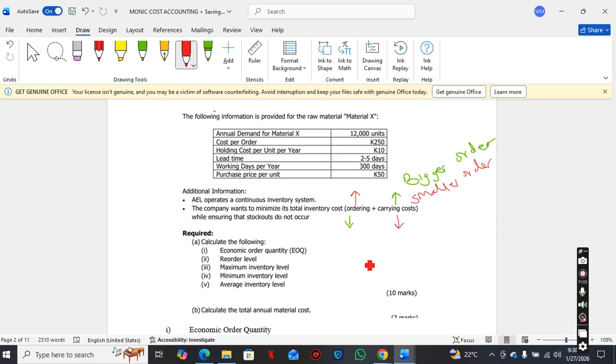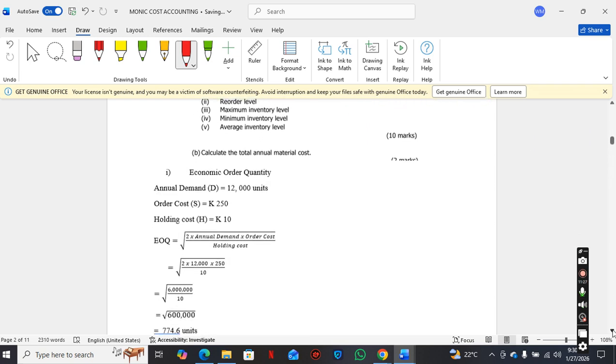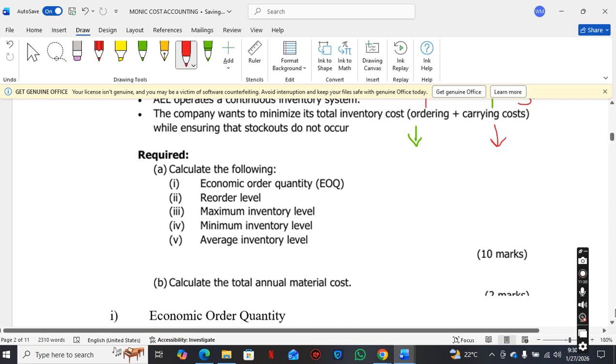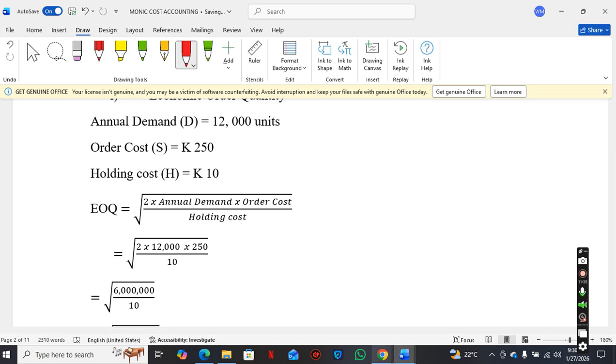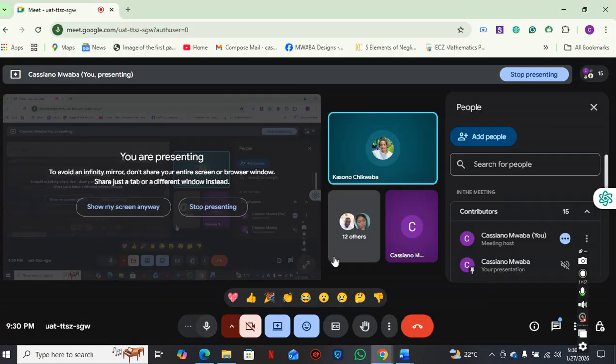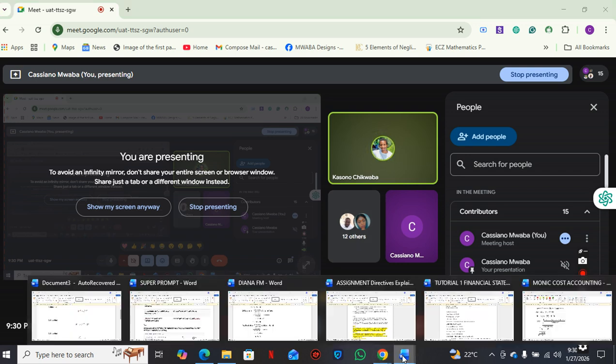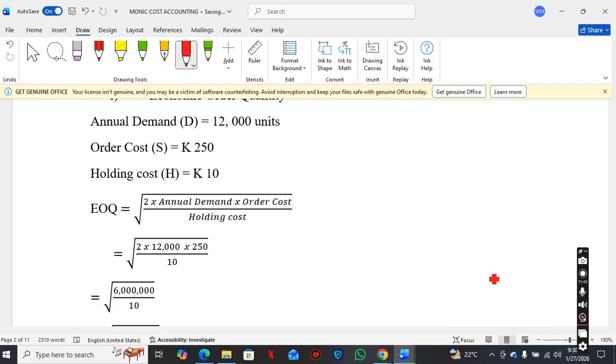Okay, so here we have to calculate the EOQ. This is the formula here. So, Mr. Emmanuel's question is: does the cost of transportation and these other things also attribute to the order cost?